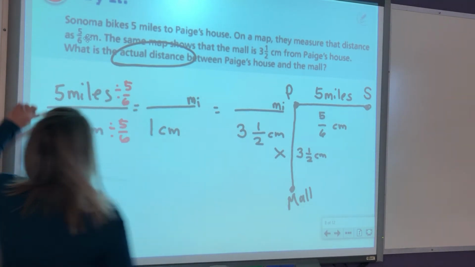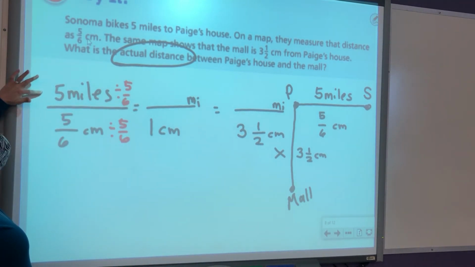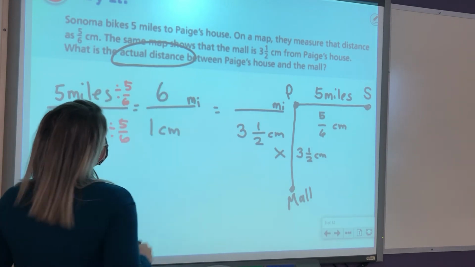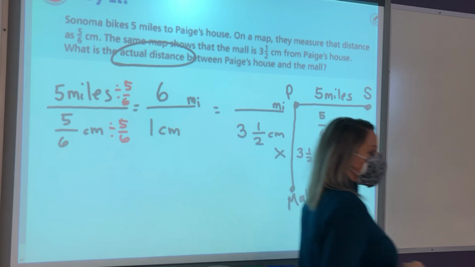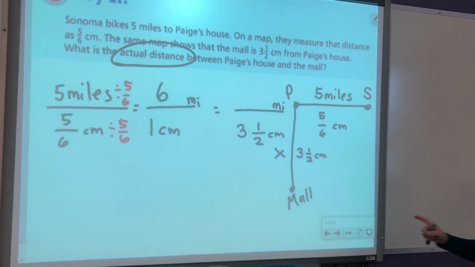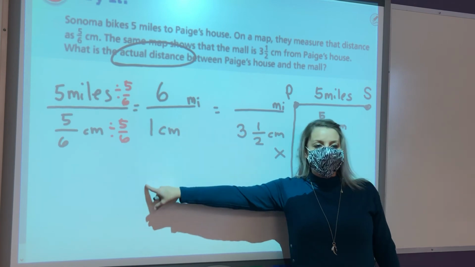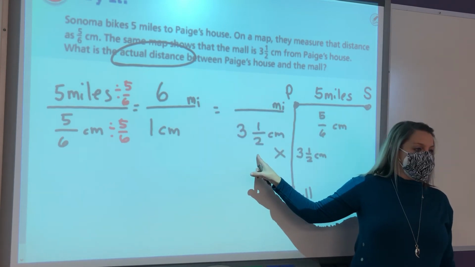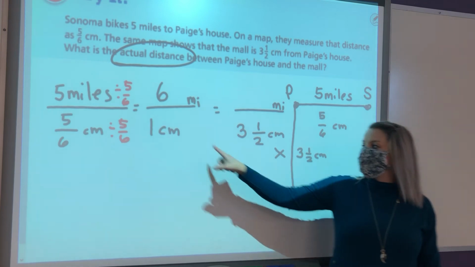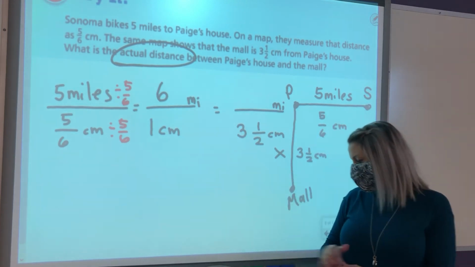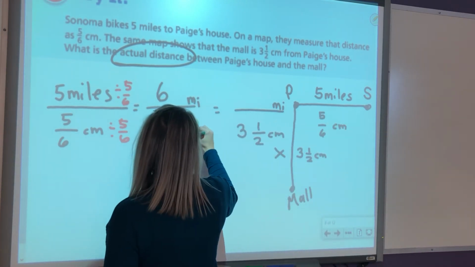So, 5 miles divided by 5/6 of a mile is 6 miles. Okay? But I don't want 1 centimeter. I need to scale up to 3.5 centimeters. So to get from 1 to 3.5, I need to scale up again.